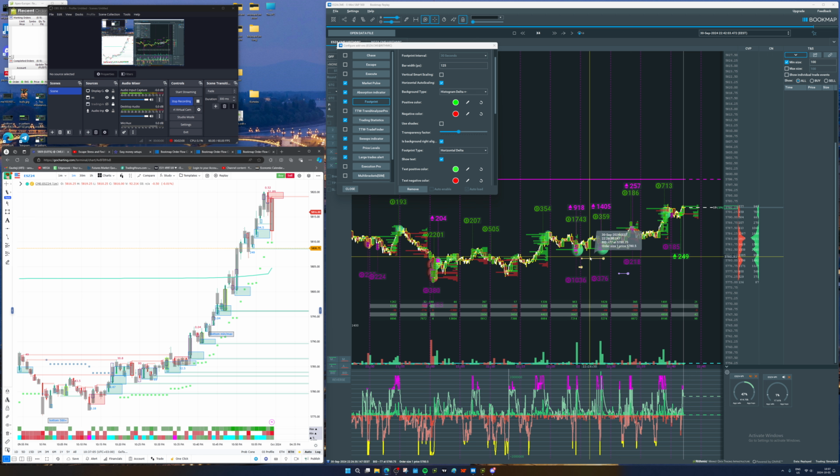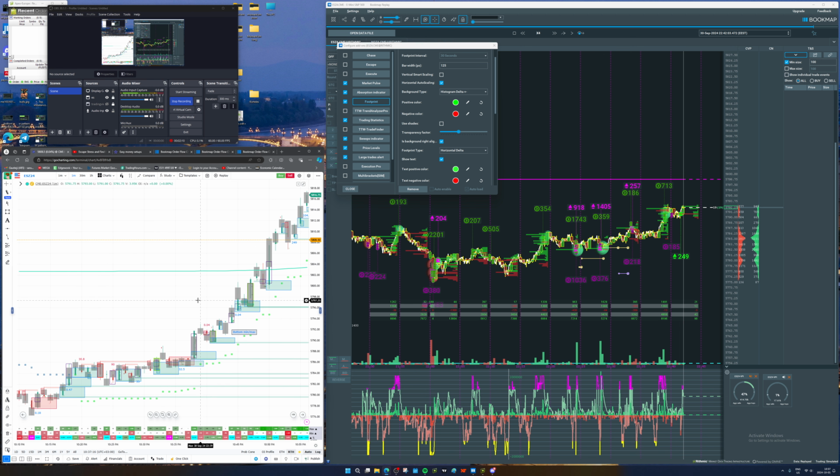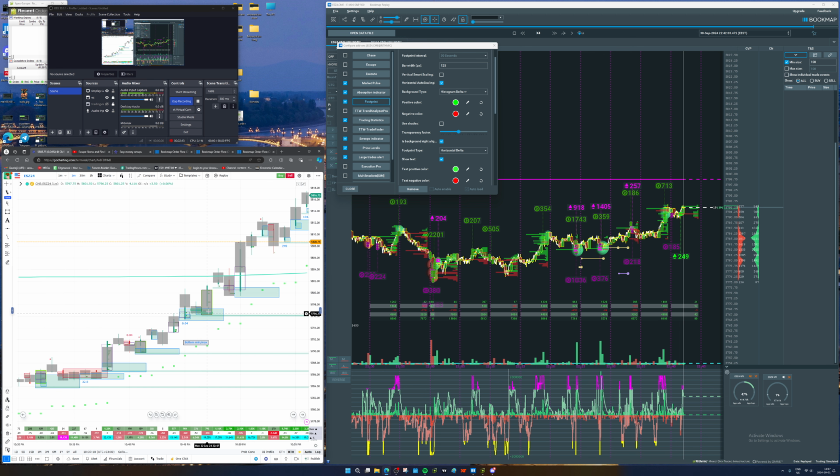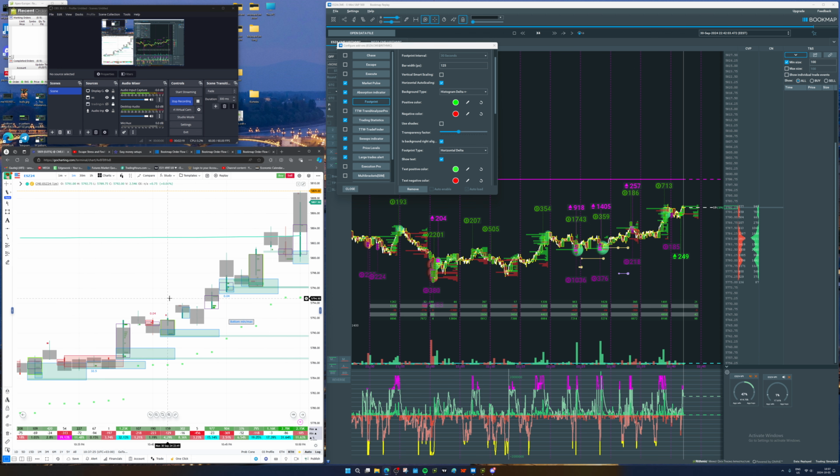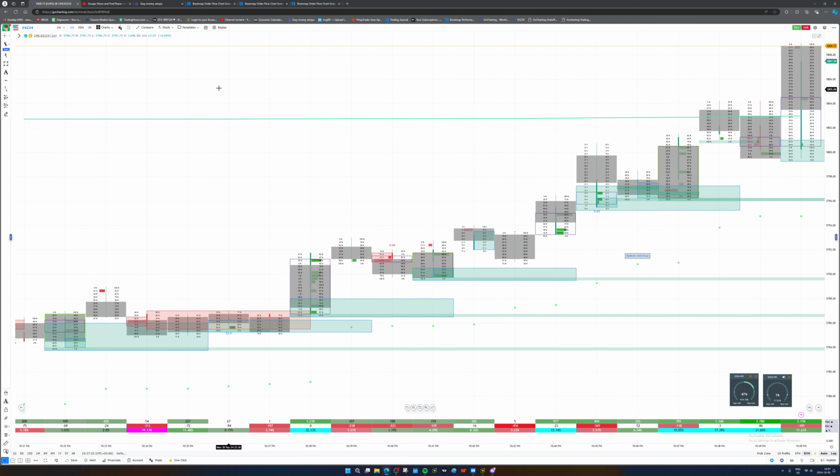If you look attentively at the beginning examples, you will see that this is exactly the same setup. My entry was over here. I'm going to talk about footprint chart imbalances and so on. So let's go to the examples and I will show you what I saw.